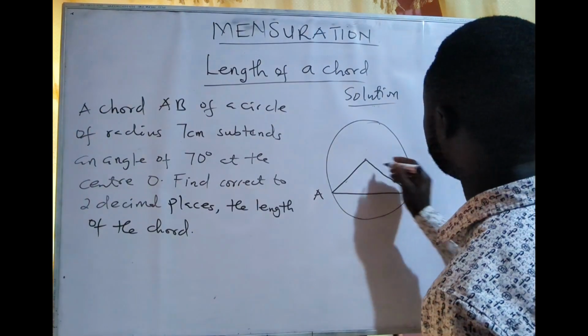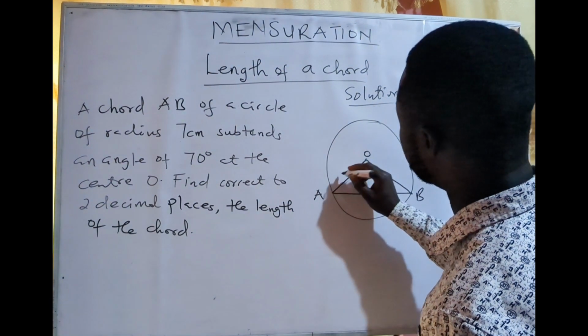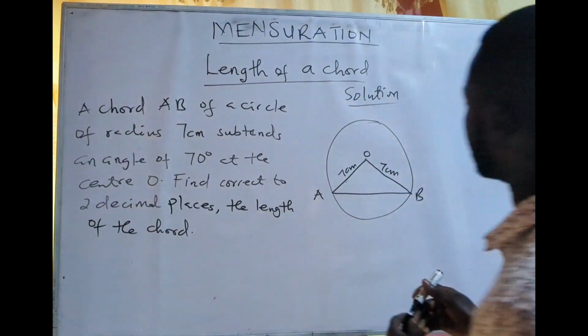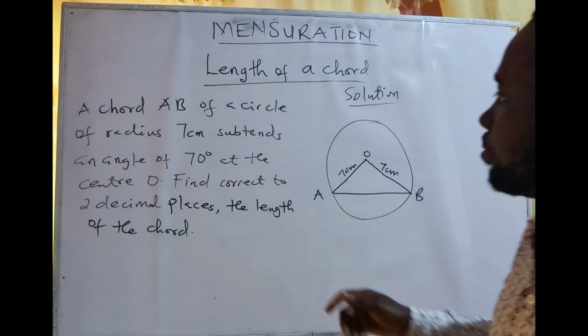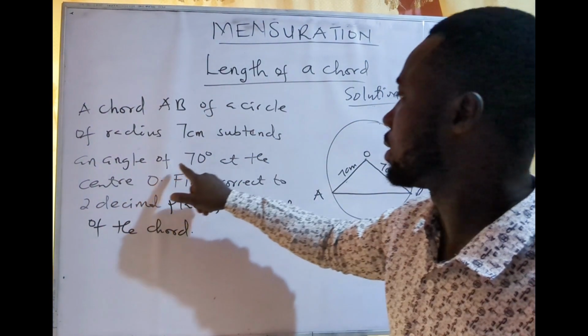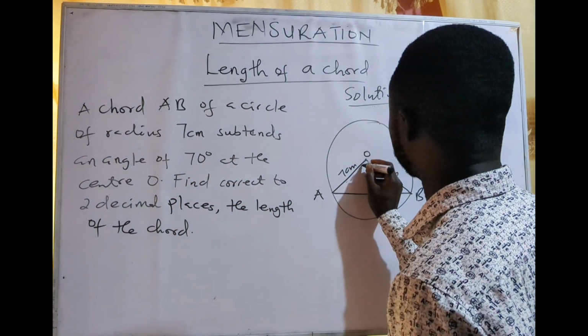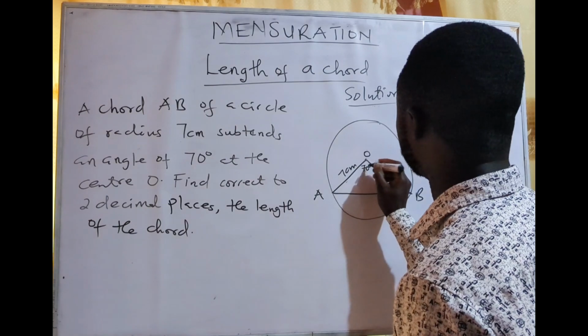So my radius is 7 centimeters, and then the angle subtended at the center is 70 degrees. So it means that the whole of this angle here is 70 degrees.